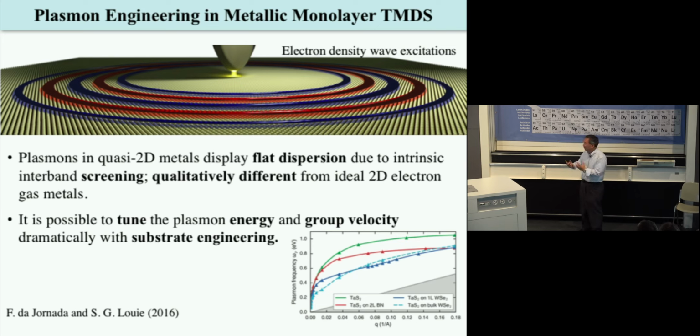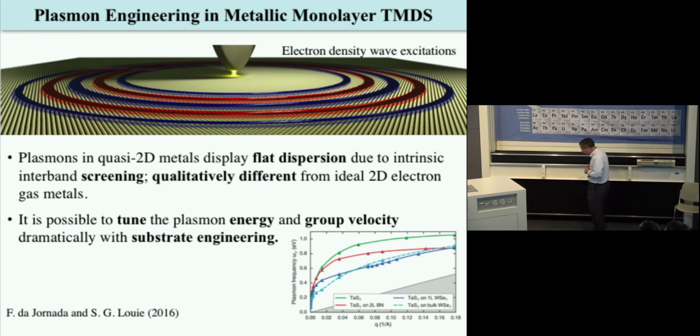They have a relative phase, and that phase depends on the center of mass momentum. If you go around Q equal to 0, it has a winding number of 2, and that qualitatively changes the photo response of the system. But I don't have time to talk about it today. You could ask me about that later if you're interested.